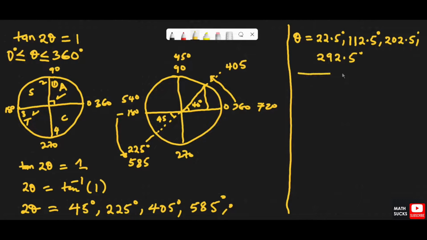And so this lists all the possible angles for theta that satisfy this equation between 0 and 360.